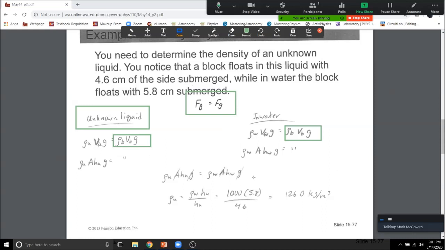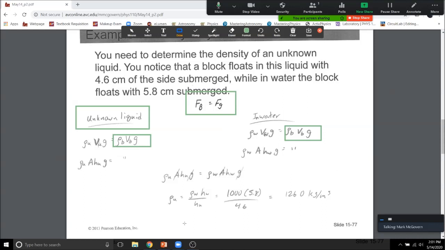I'm treating the block as a rectangular box, so the volume is the area times the height, and this height is the height that is submerged. We equate those two, the A's drop out, the g's drop out, and we get what I described in the last problem: a proportion of density and height.